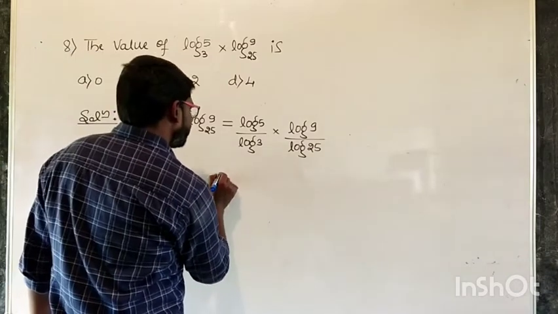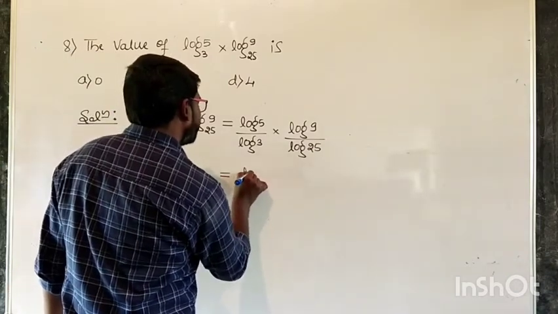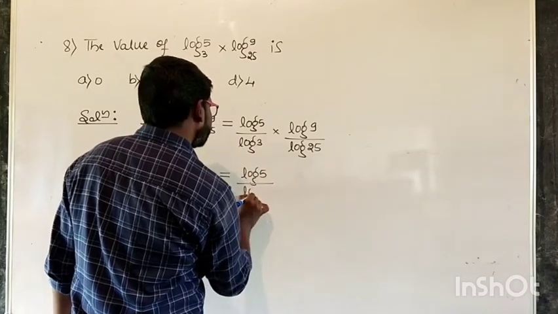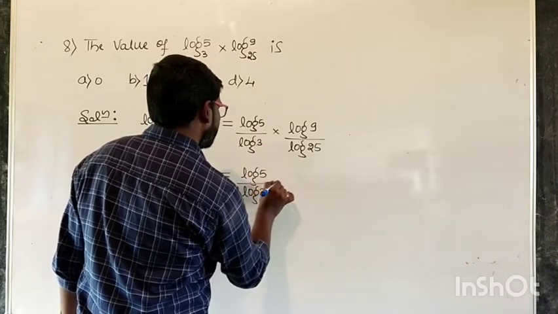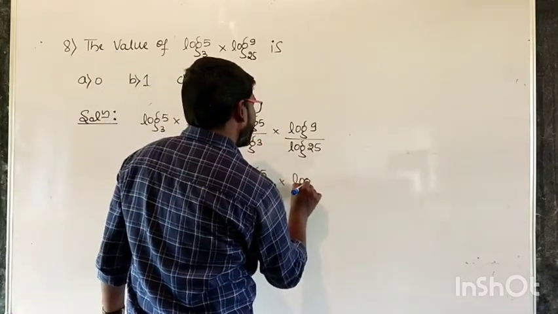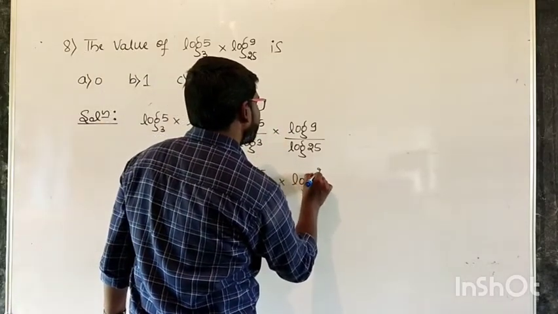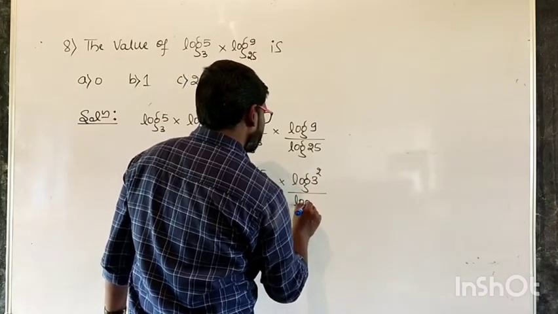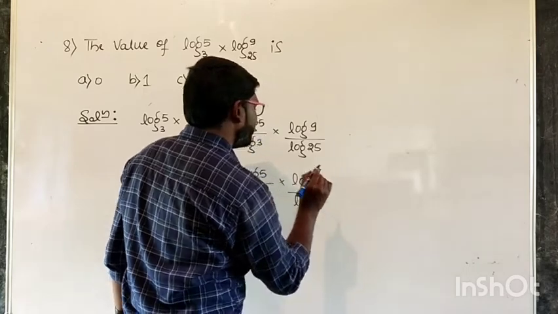So now log 5 divided by log 3 into, here log 9 can be written as 3 square, divided by log 25, which can be written as 5 square.